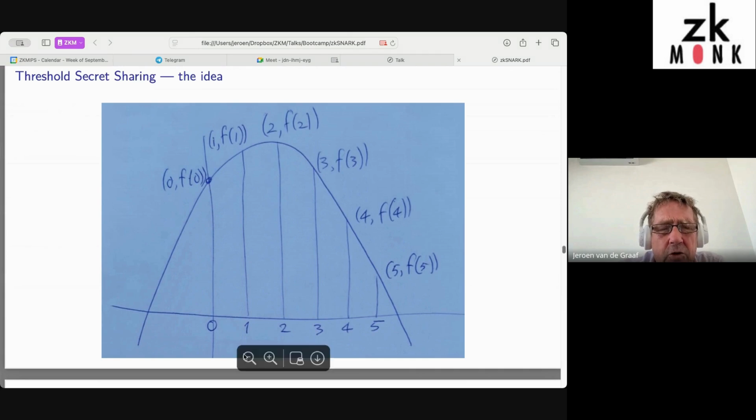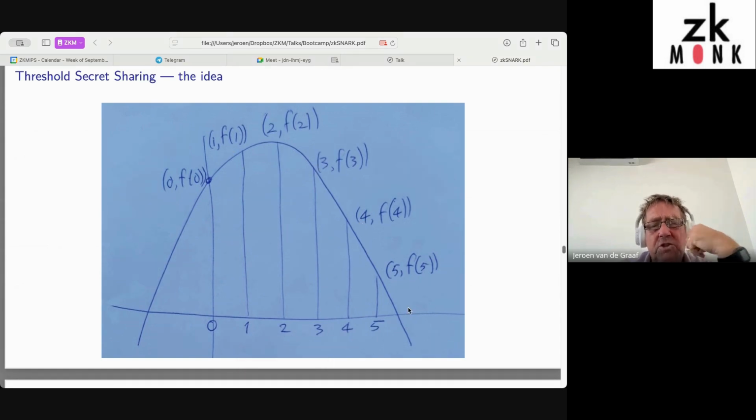Now what we are going to do is compute the polynomial of degree 2, as defined above. We are going to compute f of 1, f of 2, f of 3, f of 4, f of 5, and send all these shares, which will be the shares of the secret, out to 5 different persons.